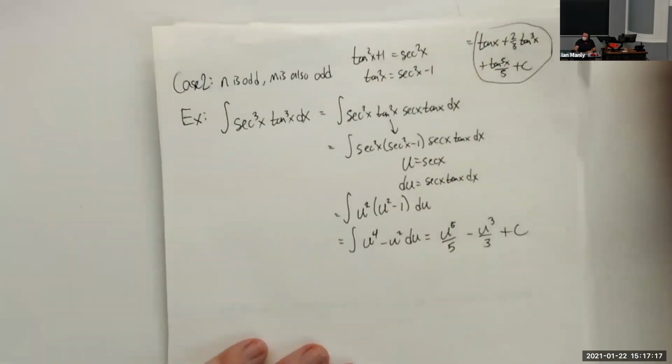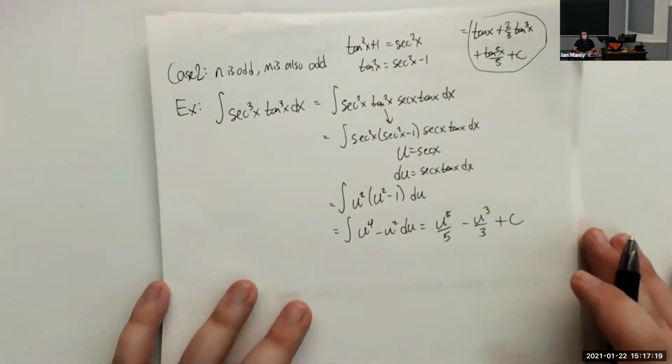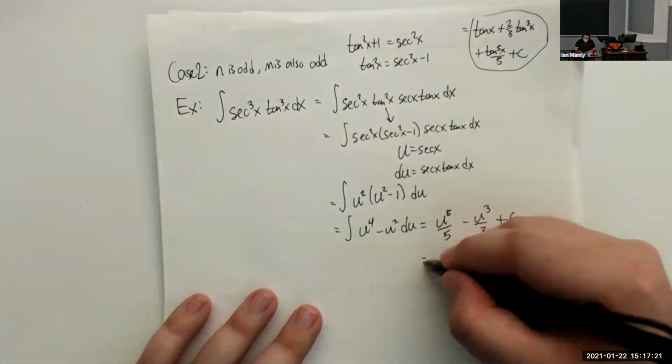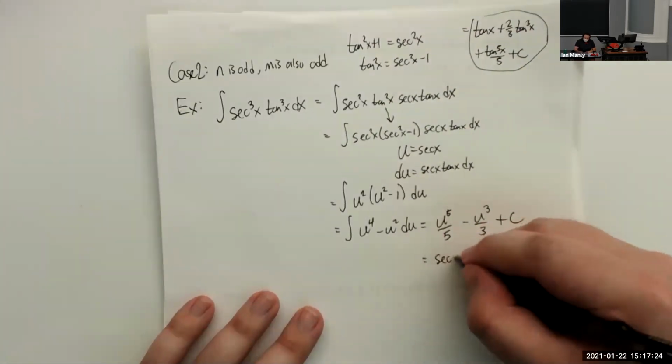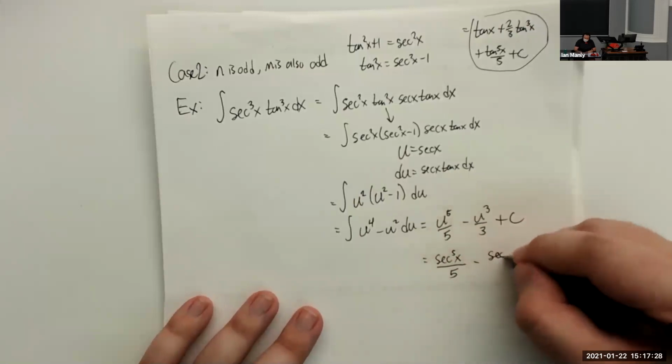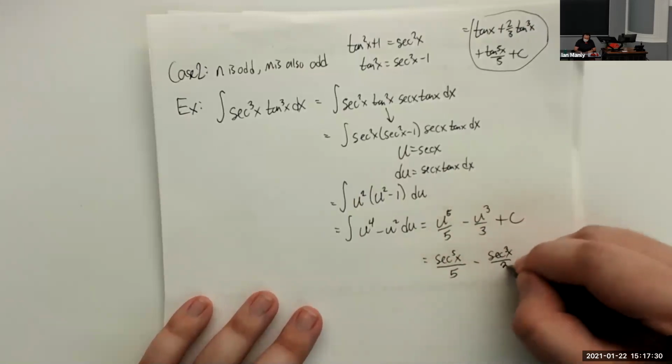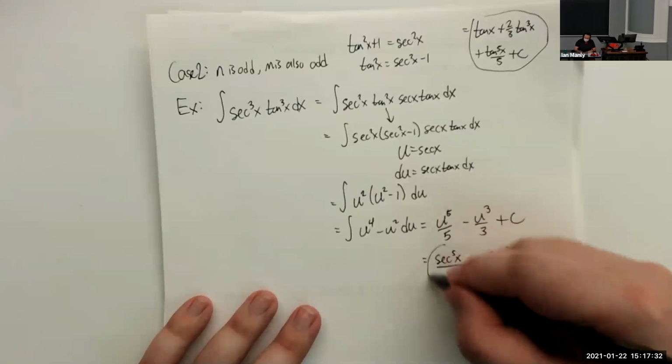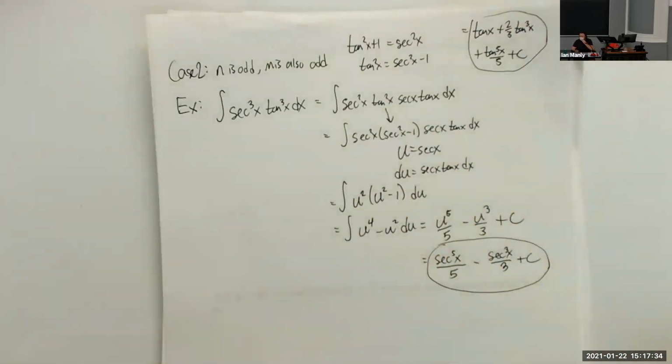And then finally, as always, our last step is to convert back into x's. So this will be secant to the fifth of x minus secant cubed of x over 3 plus c. And there we go. So there's going to be our derivative right here. Or sorry, our antiderivative.